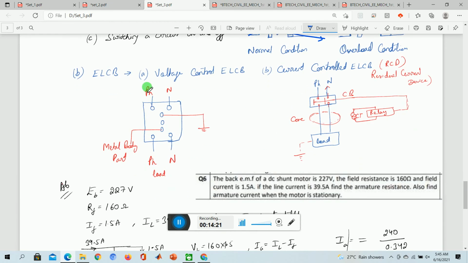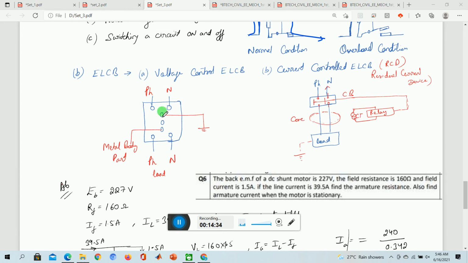Another is ELCB, earth leakage circuit breaker. It has two types: one is voltage, one is current. In the voltage type, it takes the phase and neutral you give at one end, and you have the load with phase and neutral. From one end it compares with the metal body, which is connected to the metal body part. Another one is connected with the ground.